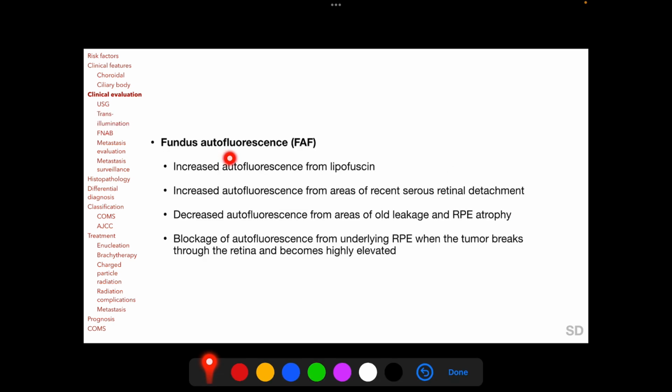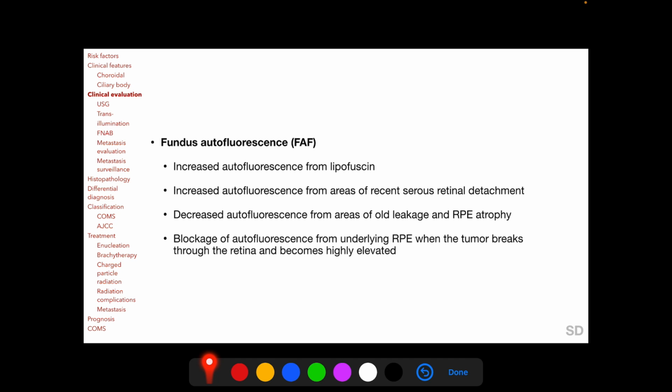Fundus autofluorescence detects autofluorescence from lipofuscin in the retinal pigment epithelium. When the content of lipofuscin increases in the retinal pigment epithelium overlying a choroidal melanoma, there will be increased autofluorescence. The same will happen in areas of recent serous retinal detachment overlying and around the tumor.